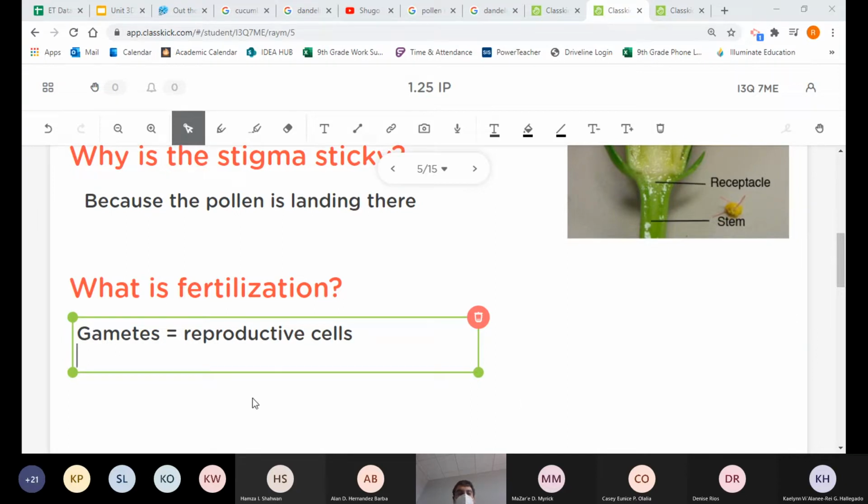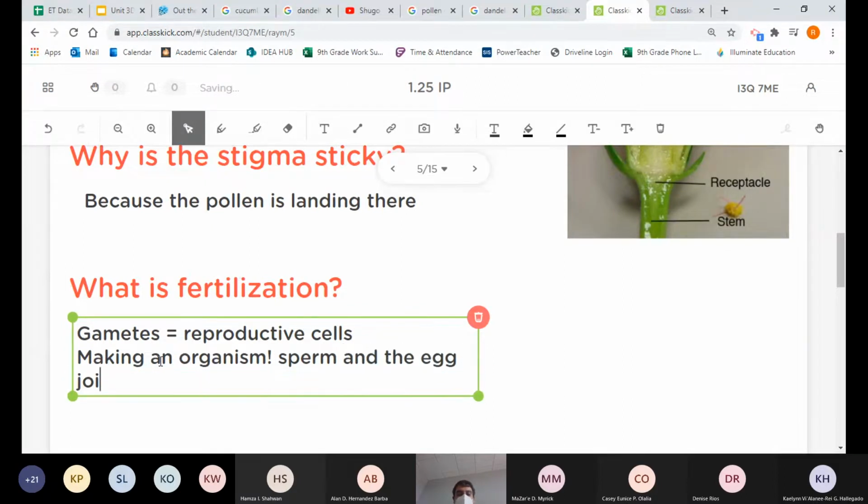Very good. Making a new organism, right? I like the way you phrase that. Essentially, when the sperm and the egg join. Now, for us, that's making a baby, right? Like I mentioned, when it comes to plants, that's them making a seed.